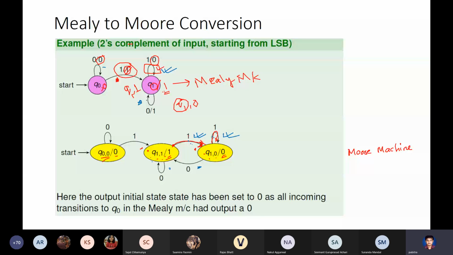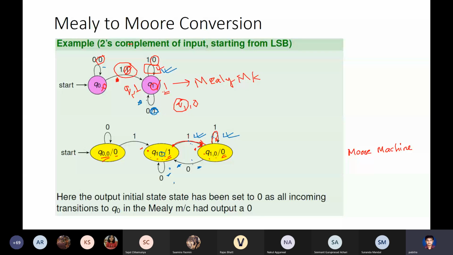Because the output is 1, when this edge splits up, the destination of this edge should be Q11. Its output is 1, so this edge now splits up into this and this, and both have destination Q11. Input is 0 and so on.